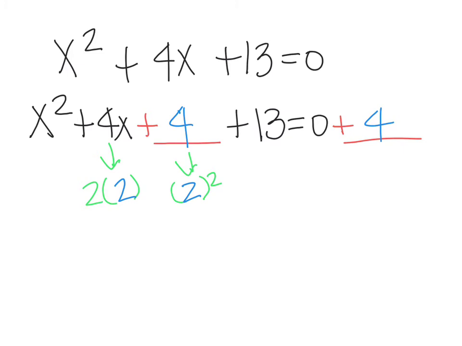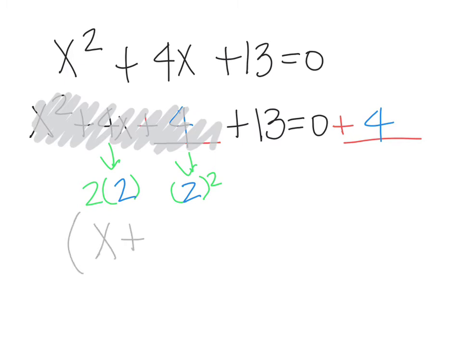And now hopefully you remember that x squared plus 4x plus 4 factors into x plus 2 squared. Then I still have that plus 13 equals 0 plus 4, which gives me 4.